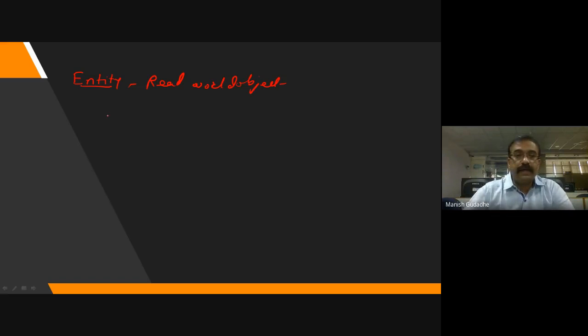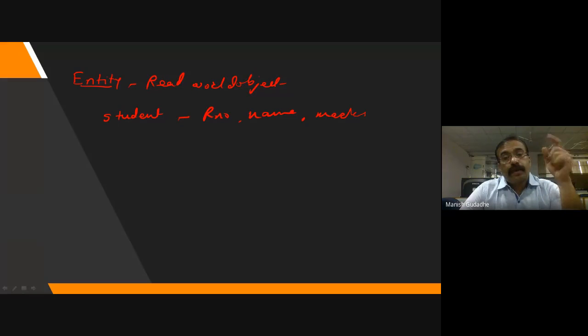So let us say there is a student, every student is going to have a roll number, a name, and say marks. So these are the three properties which every student is going to have, right? But roll number for every student will be different. Name for every student will be expected to be different. Marks for every student probably will be different.